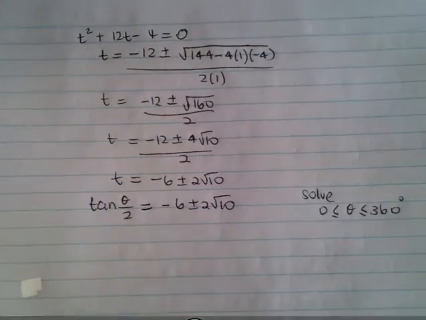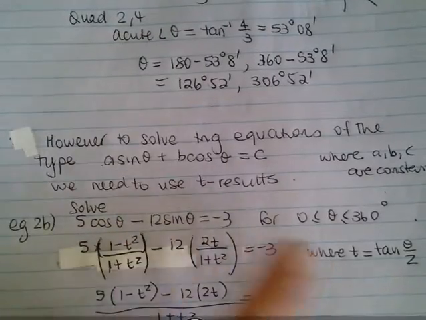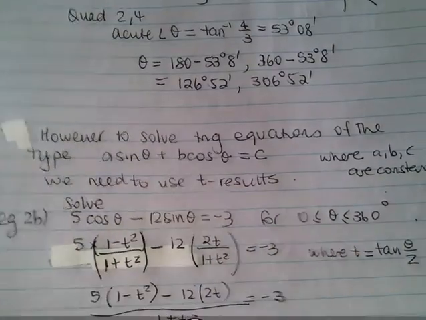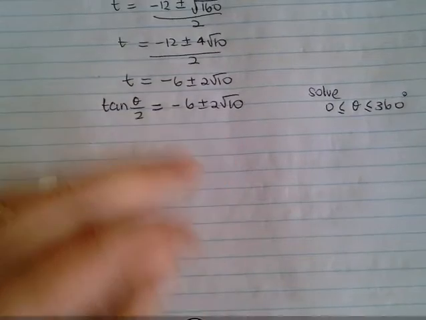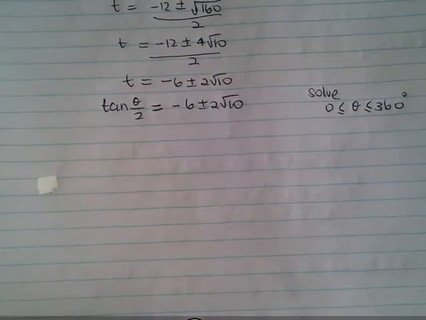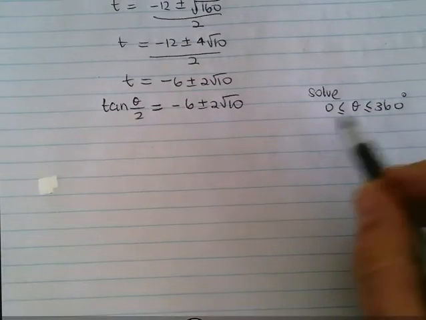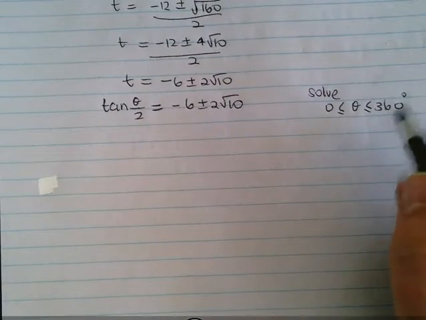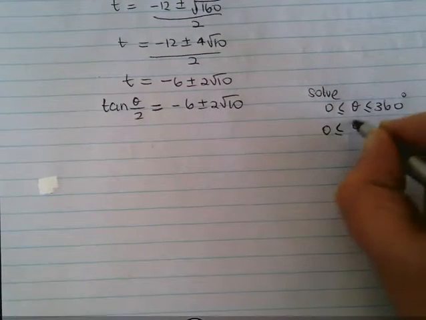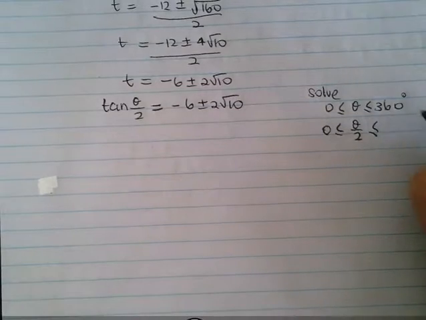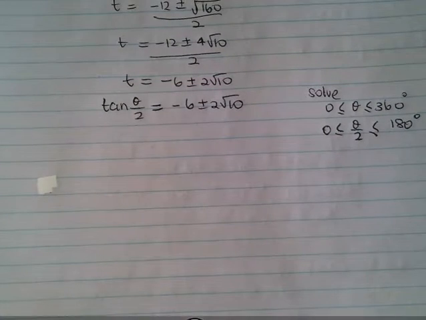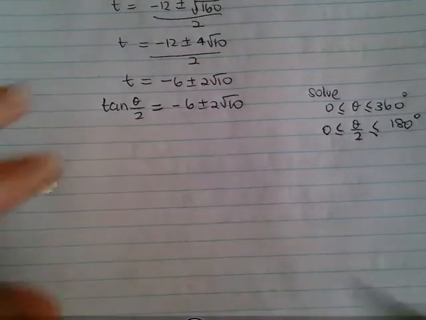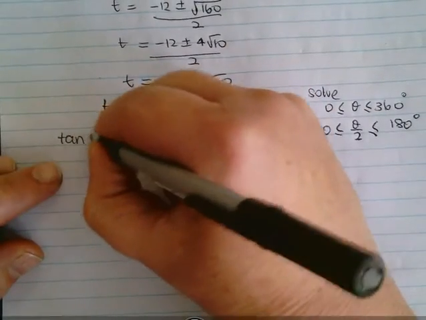Now, solve this for 0 to 360. I've got an equation, tan theta on 2 is that. I need to change my domain. My domain is for solving between 0 and 360 for theta. I have to go between 0 and what? 180 for theta on 2. Okay? So I've got to take 2 pathways here.